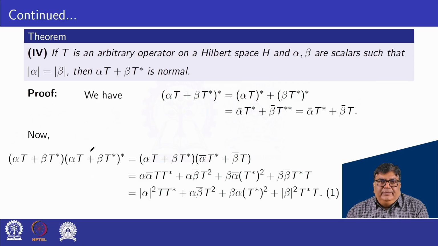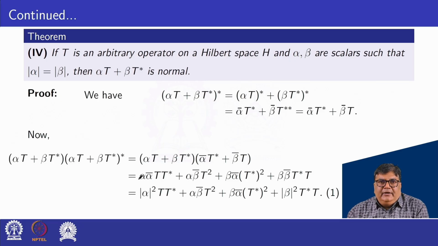So putting the value of star of alpha T plus beta T star here, we have alpha T plus beta T star into alpha bar T star plus beta bar T. So operating this on this, this is alpha alpha bar TT star plus alpha beta bar T square, and this beta T star into alpha bar T star, that is beta alpha bar T star square, plus beta T star into beta bar T, that is beta beta bar T star T.